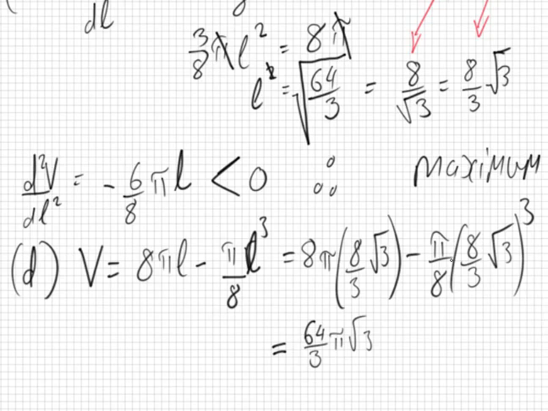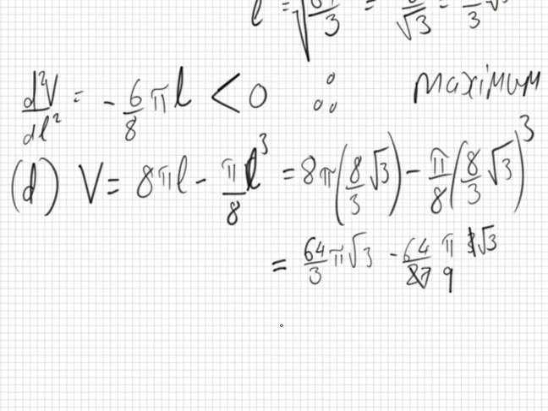The 8 cubed of the 64 over 27 pi times 3 root 3. 3 goes into that 9 times. So it's 64, 192 minus 64. 128 pi root 3 over 3.